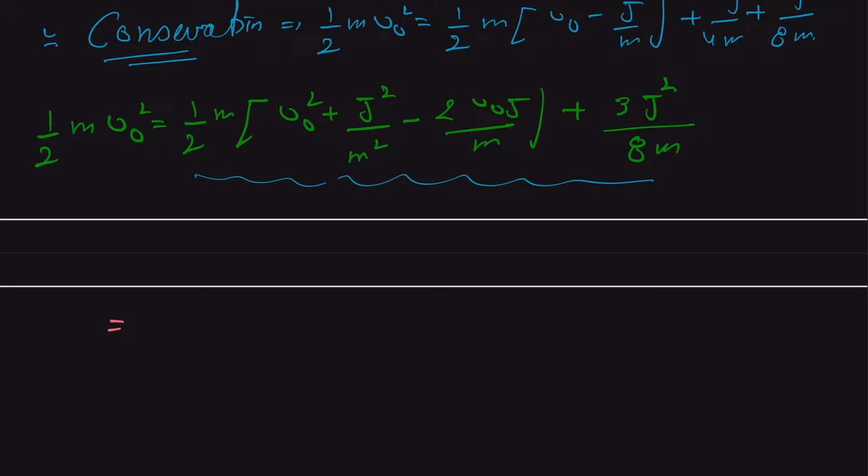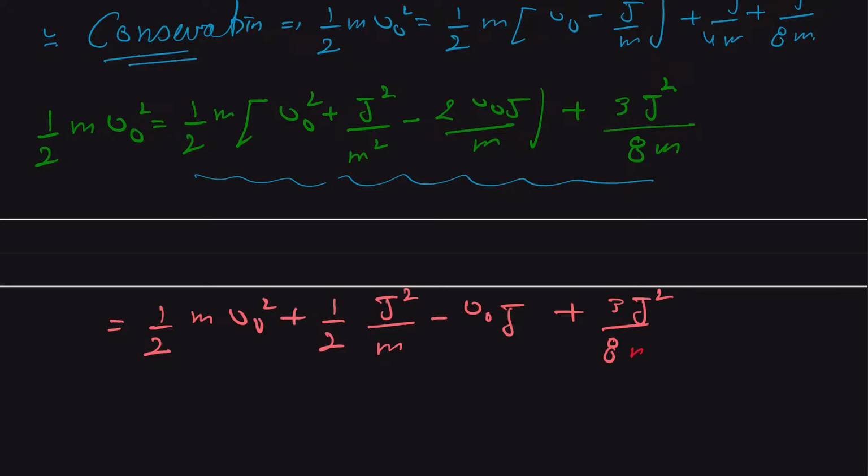So this gives us half m v naught square plus half m times j square upon m square minus, this comes as half goes by 2, v naught j plus 3j square upon 8m, and this is equal to half m v naught square.